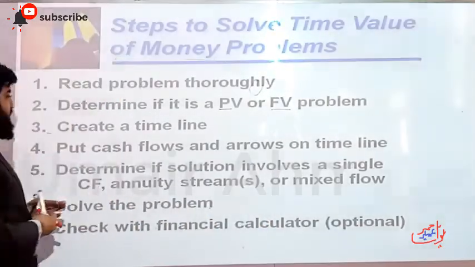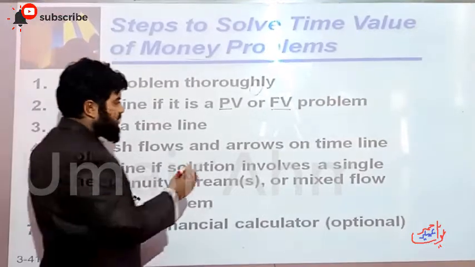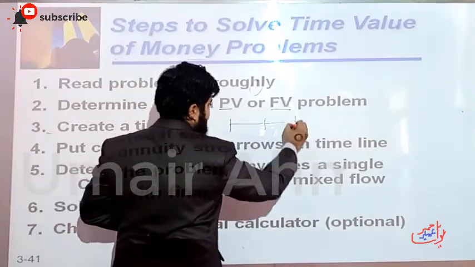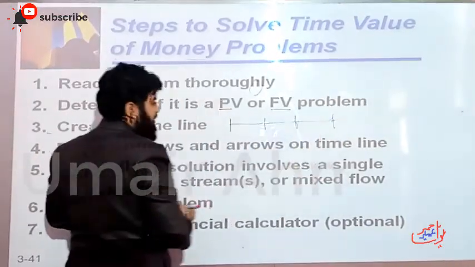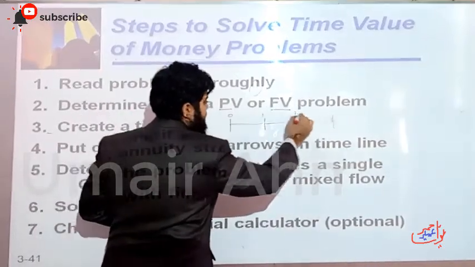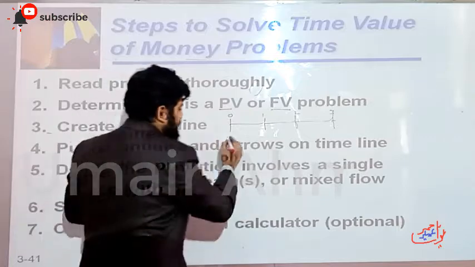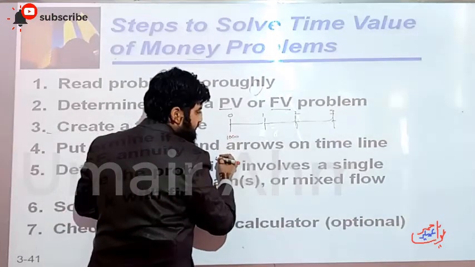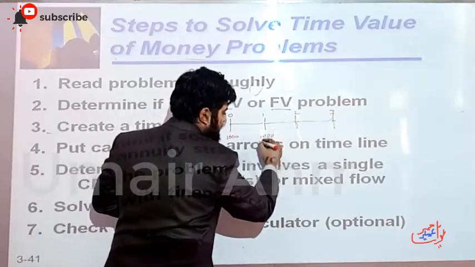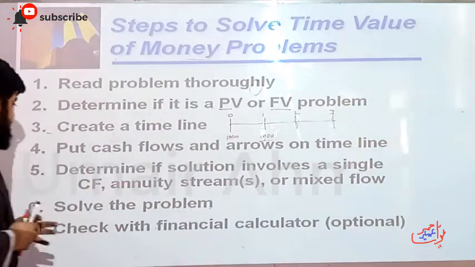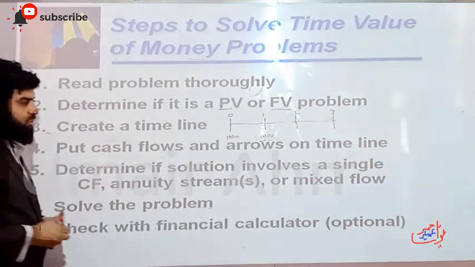Now create a timeline as I drew before. Create a timeline of 0, 1, 2, 3. It will make it easy to understand whether it is an annuity due or an ordinary annuity.